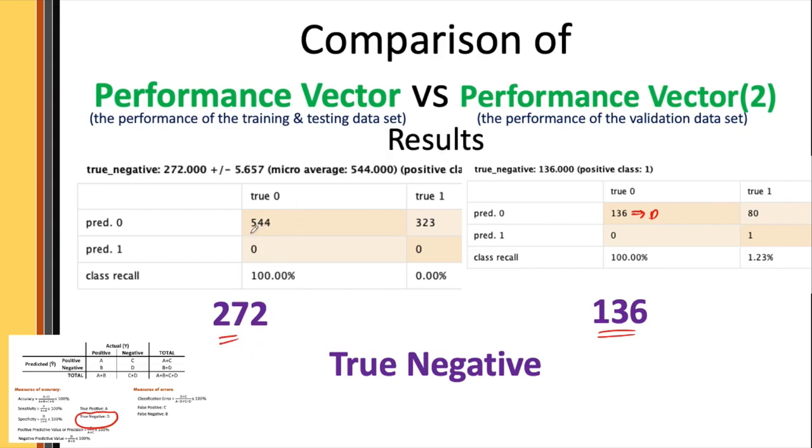Now notice here, although this is not 272, which is the value of D, what RapidMiner did is that the true negative count was divided by 2 since the minimum folds by default is 2. So using the true negative as a measure of performance, in this case, the performance of the training and testing dataset is better than the performance of the validation dataset.